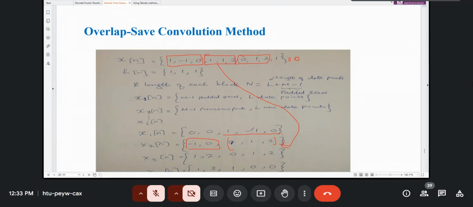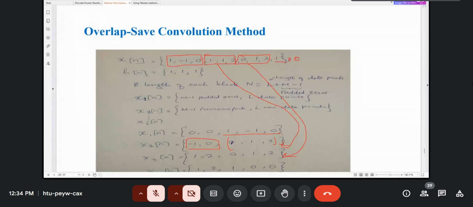So you get the two previous samples, which is minus 1, 0, which is here. Then the next one is this one. We are simply getting the last m minus 1 samples and putting them here to make this sequence.